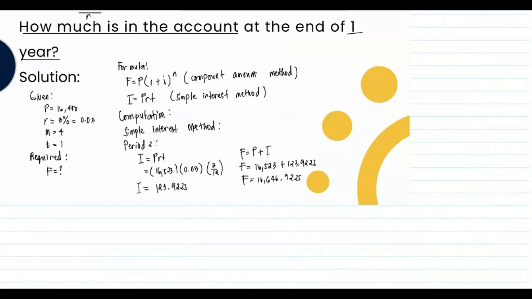And we would move on to the third period. So, after this one, we will get the compound amount. So, for this case, we are going to again replace this one by 16,646.9225. So, let me just properly write that down. So, 16,646.9225 times 0.03.